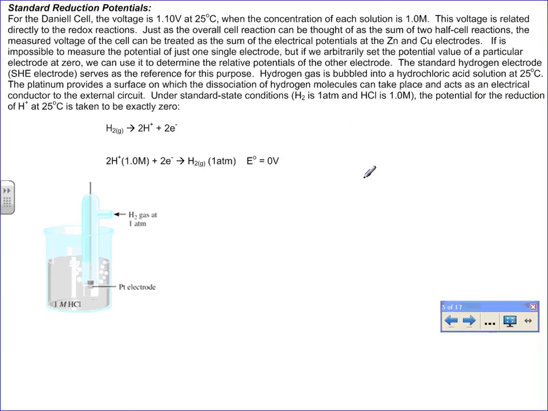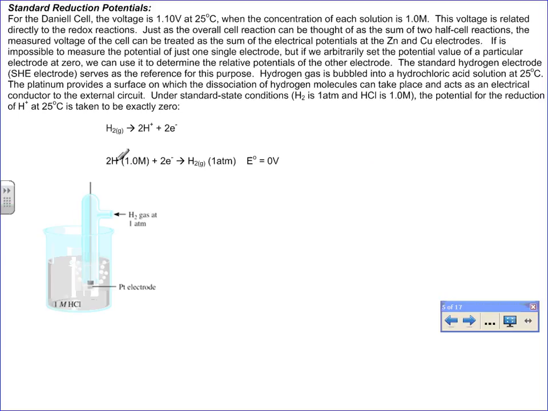When we do this, we are comparing everything's ability to gain electrons to a standard. The standard electrode that we examine is called the SHE, the standard hydrogen electrode. We've assigned this potential to be 0, and we compare everything else relative to this standard hydrogen electrode. So this is the standard hydrogen electrode here.